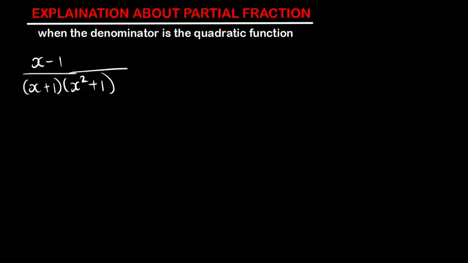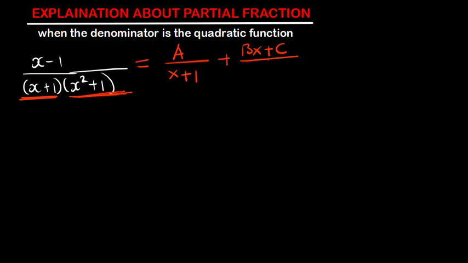If you look at this one, you have one side which is the quadratic function, and the other side on the denominator is a linear function. So the partial fraction of this function will be a over x plus 1, then plus bx plus c.